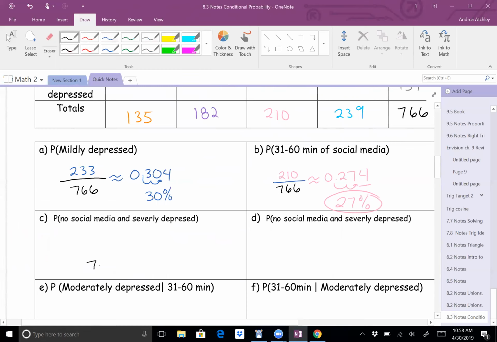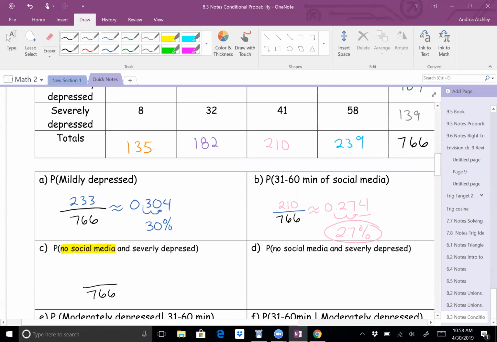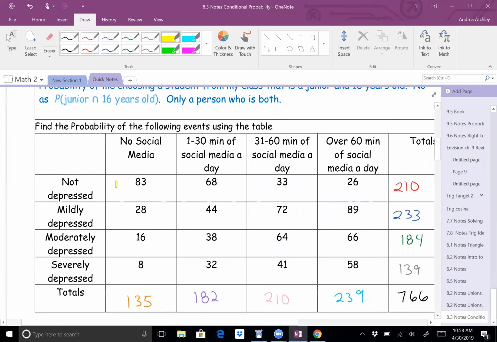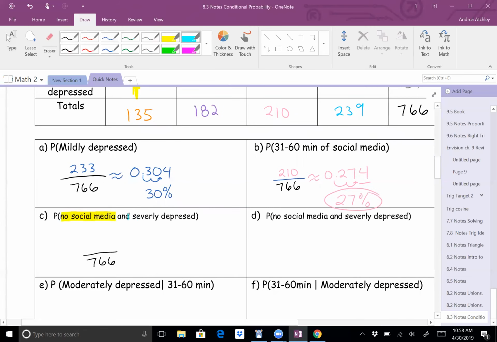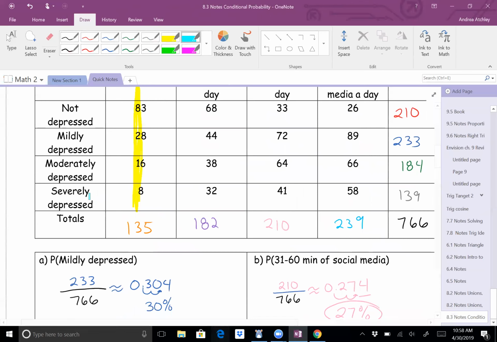So I do 766 on the bottom, then the people who are no social media, these people right here, and severely depressed would be these people here.